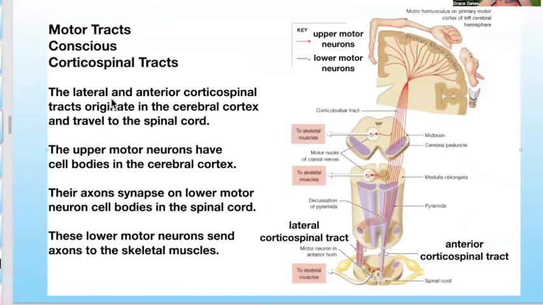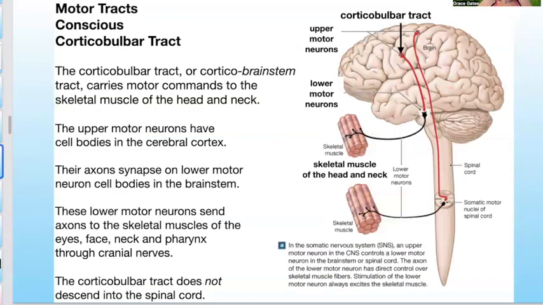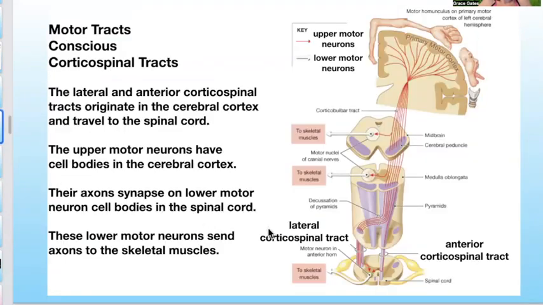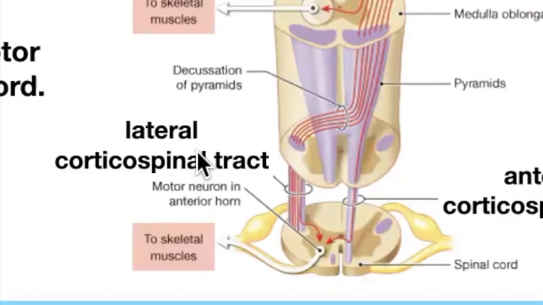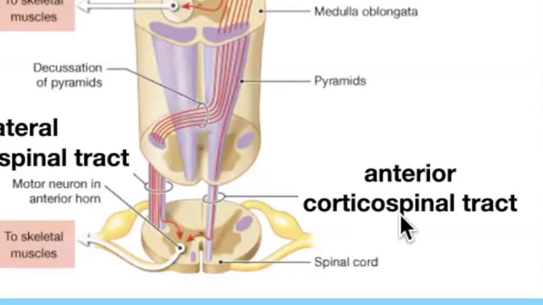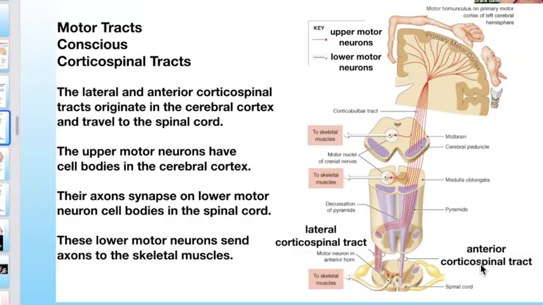The lateral and anterior corticospinal tracts originate in the primary motor cortex and travel to the spinal cord. The upper motor neurons have cell bodies in the cerebral cortex. Their axons synapse on lower motor neuron cell bodies in the spinal cord. And these lower motor neurons send axons to the skeletal muscle. You can look in the picture over there.